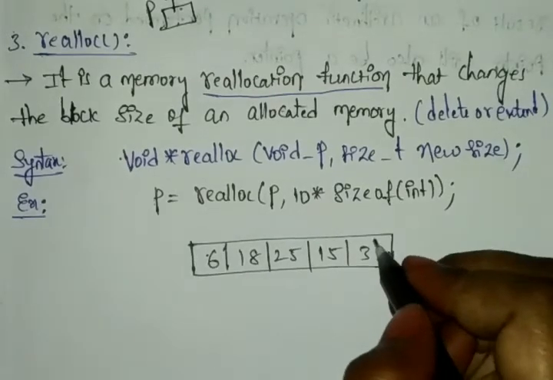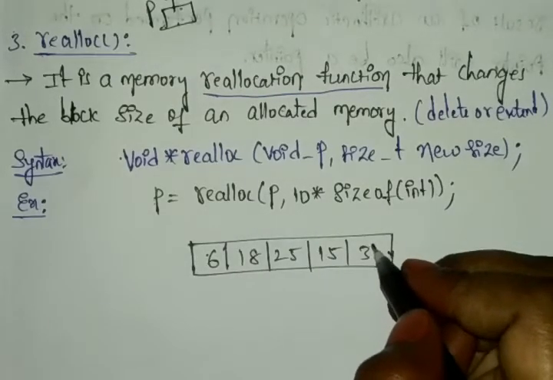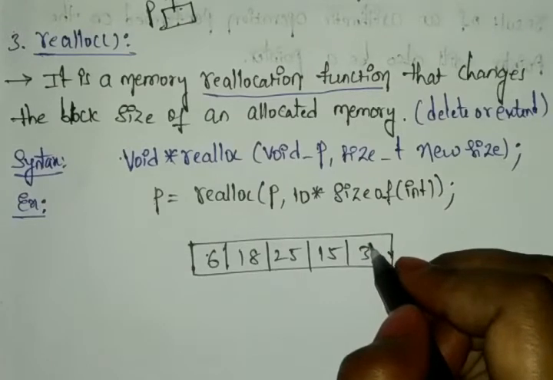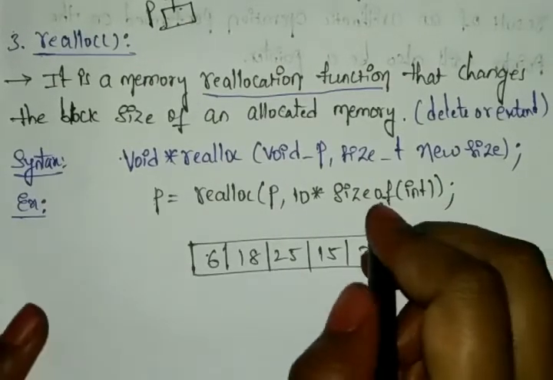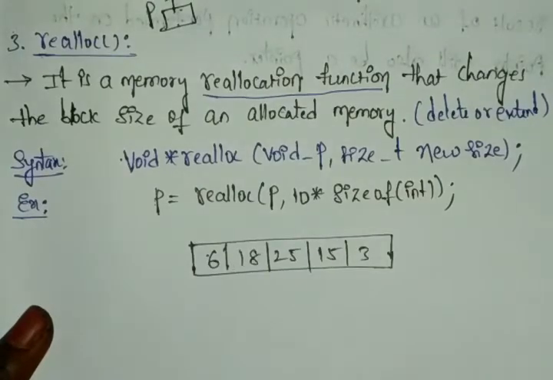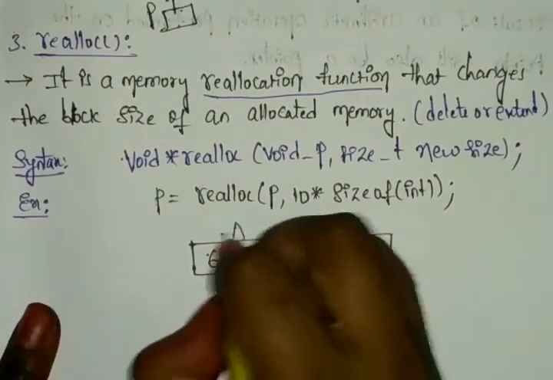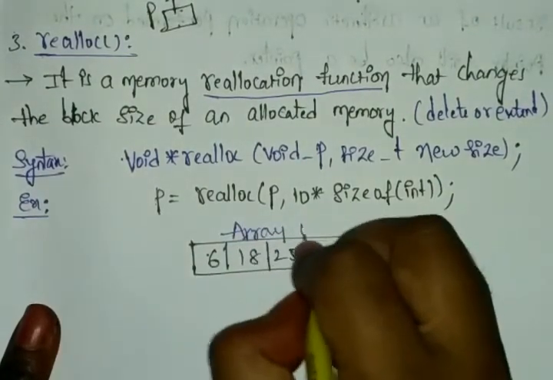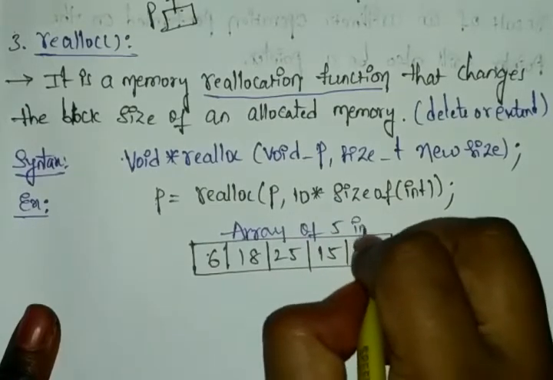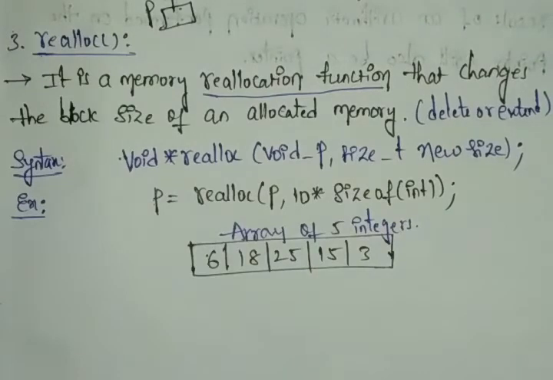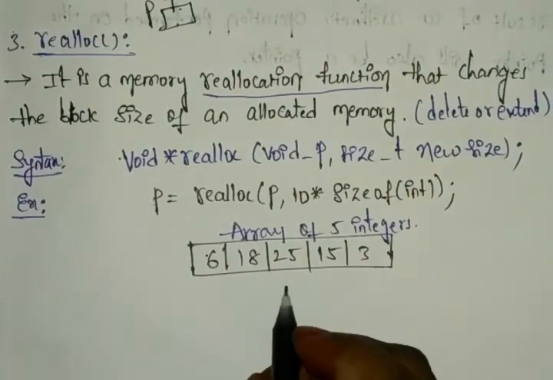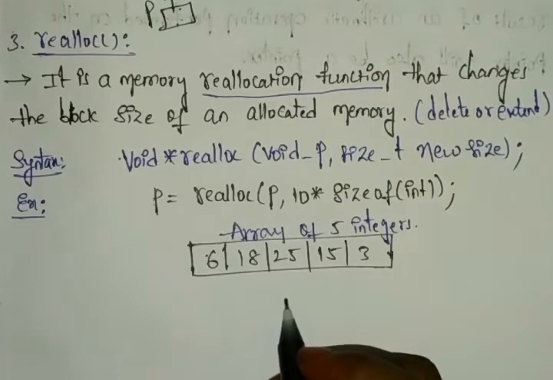So if we have these elements in our array, we can call it an array of 5 integers, which you have at present. Normally the pointer occupies the first byte of the first integer.